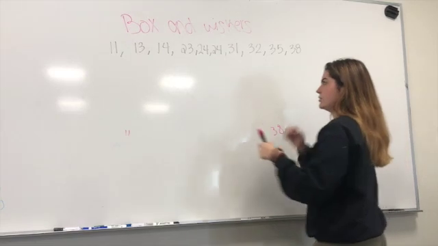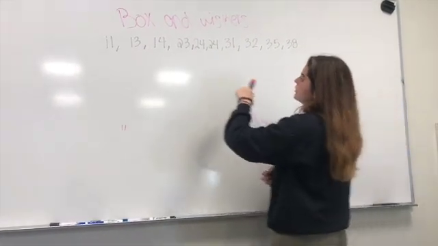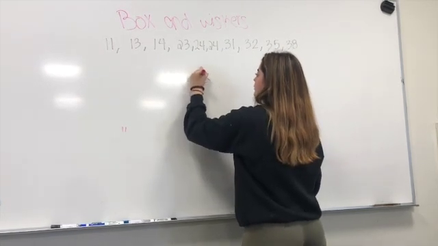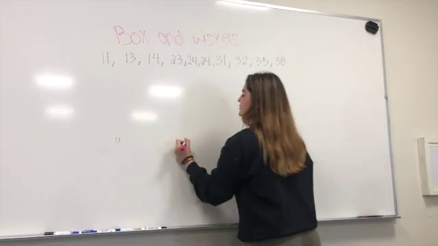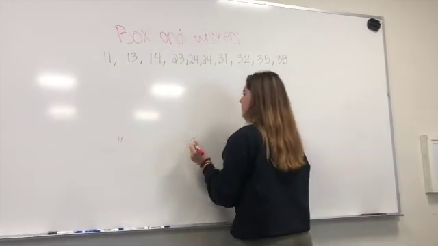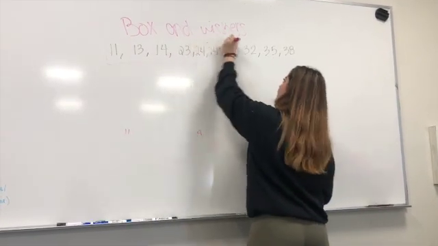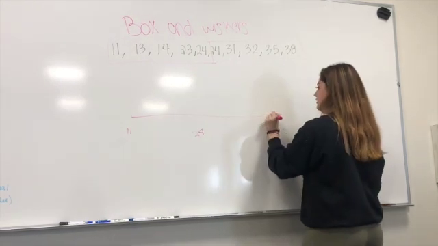After this, you need to find the median of all of this, which in this case is 24. So you have to put it in the middle. You have one half here, and this is the other half. And this is your line.